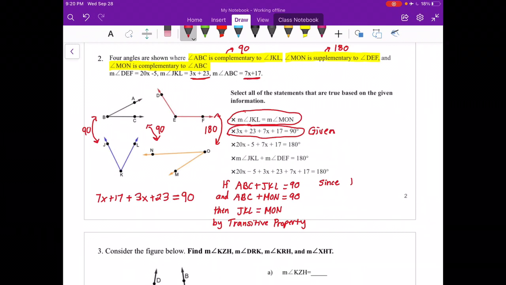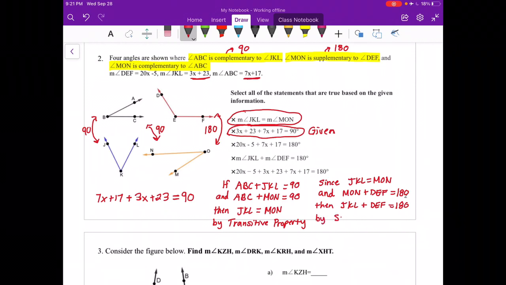Since we just found out that JKL is equal to MON, and from what we're given in our question, we know that MON and DEF have to equal 180, then we can also assume that JKL plus DEF also equals 180 by substitution.